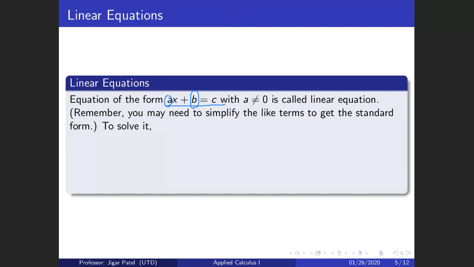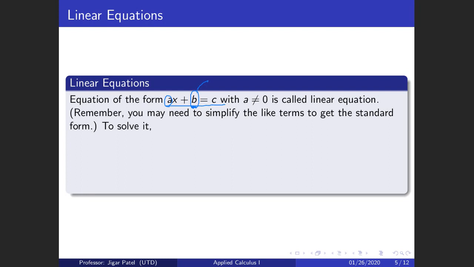Remember the order of operations; you have to go in the reverse way. Addition and subtraction must be removed first, and then multiplication and division should be removed next. So what I'm going to do is get rid of that b first. How do we get rid of b?